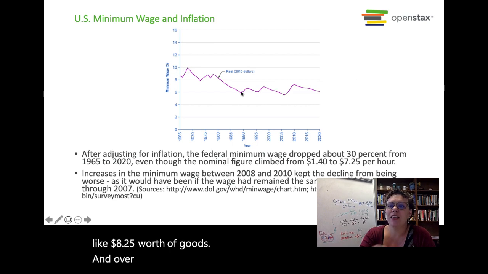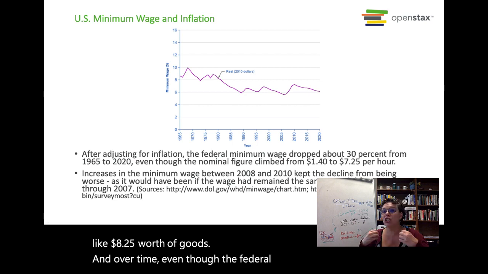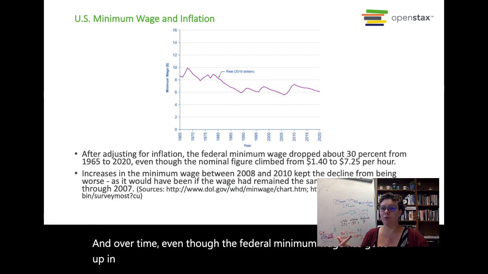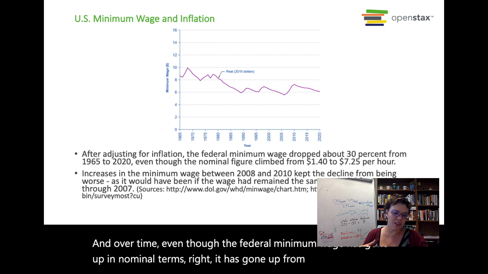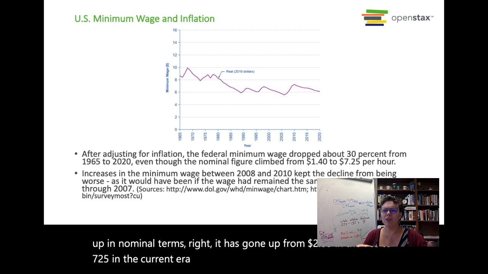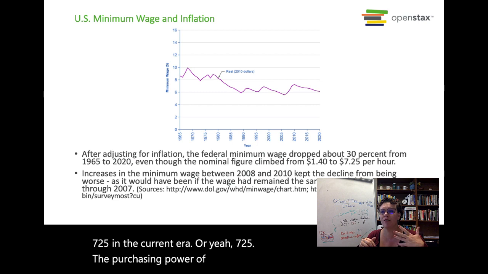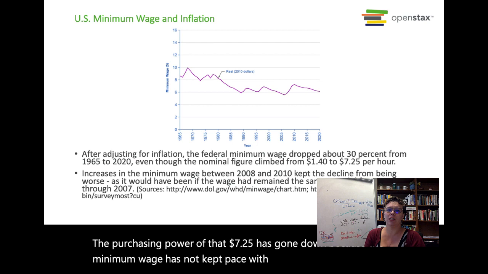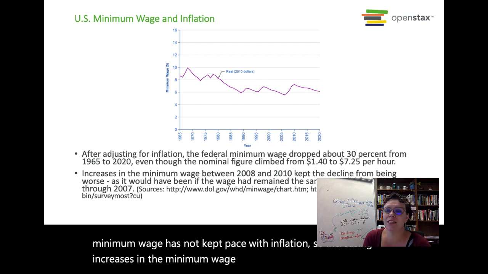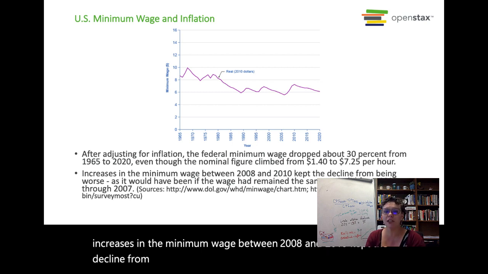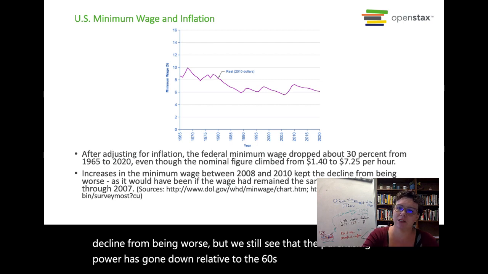Over time, even though the federal minimum wage has gone up in nominal terms, from $2 in the 70s to $7.25 in the current era, the purchasing power of that $7.25 has gone down because the minimum wage has not kept pace with inflation. Increases in the minimum wage between 2008 and 2010 kept the decline from being worse, but we still see that the purchasing power has gone down relative to the 60s and 70s.